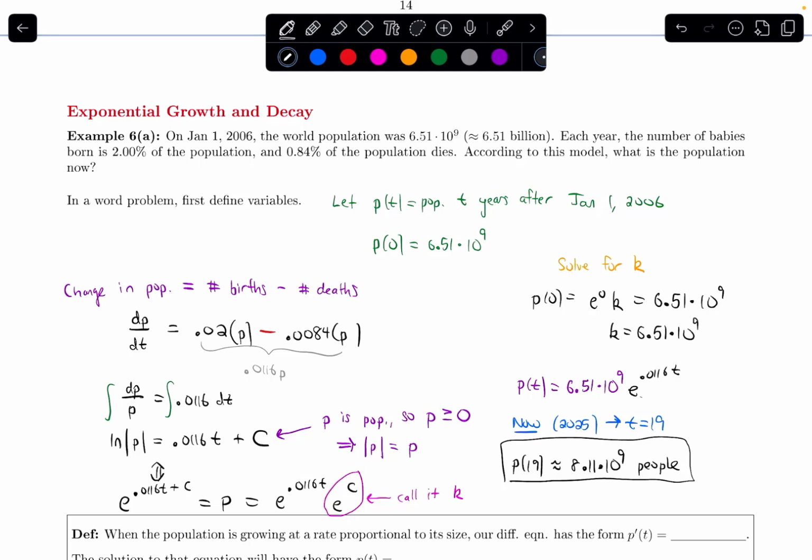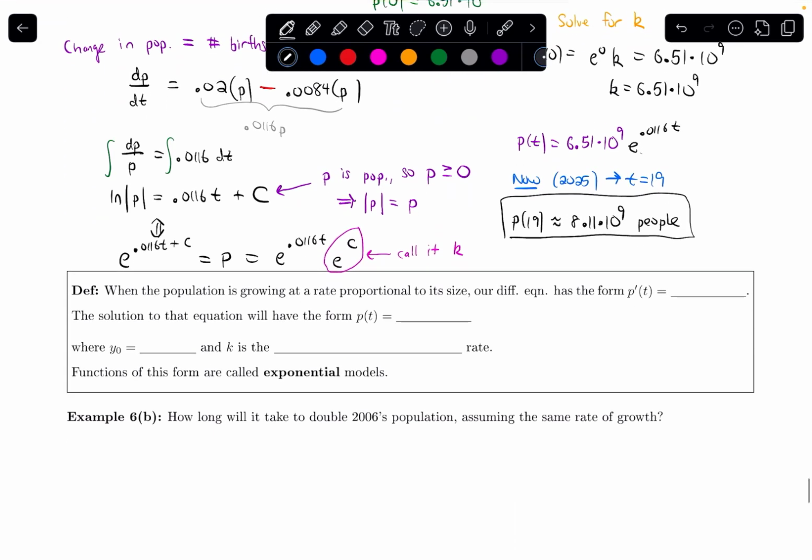Okay, so let us give a definition now. When we have a population or some quantity that is growing at a rate that's proportional to its size, our differential equation will have the form, so the derivative of p, so p prime of t, should be equal to, when I say it's proportional to its size, it means it should be equal to p of t, the size, but multiplied by some constant of proportionality, which I'll just call k.